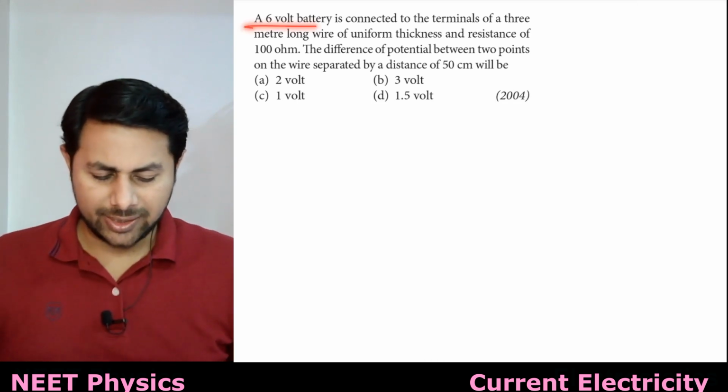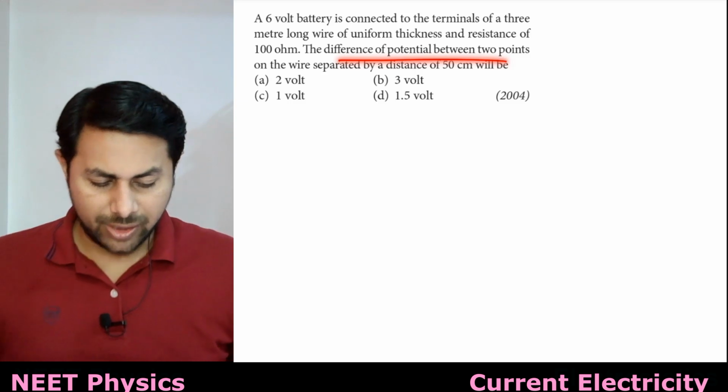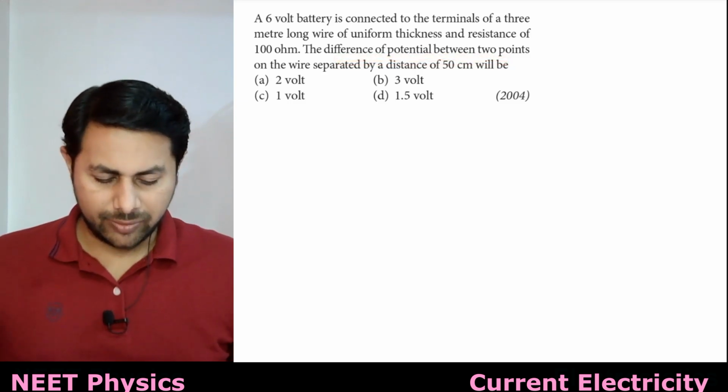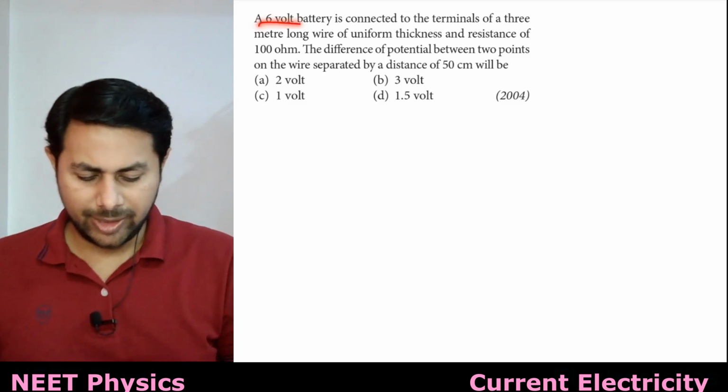A 6-volt battery is connected to the terminals of a 3-meter long wire of uniform thickness and resistance of 100 ohm. The difference of potential between 2 points on the wire separated by a distance of 50 centimeter will be, tell me.